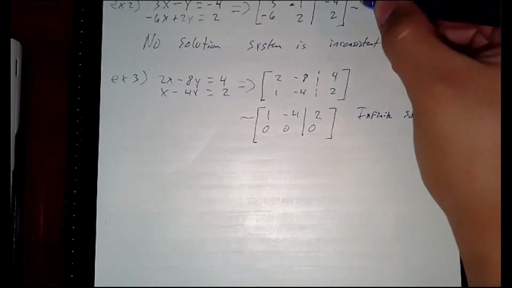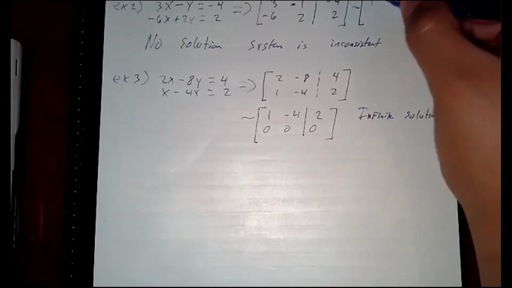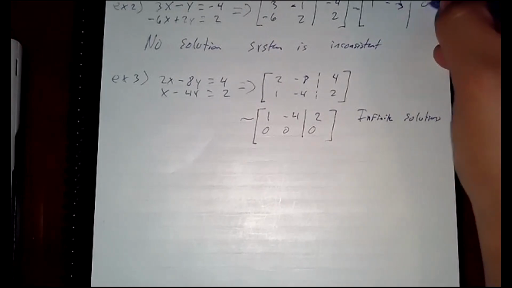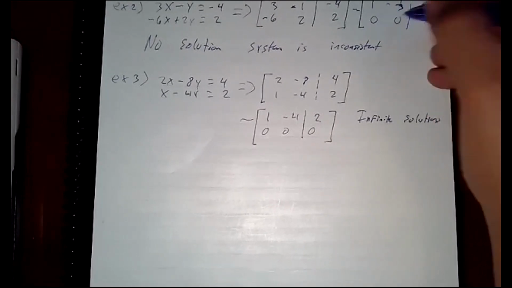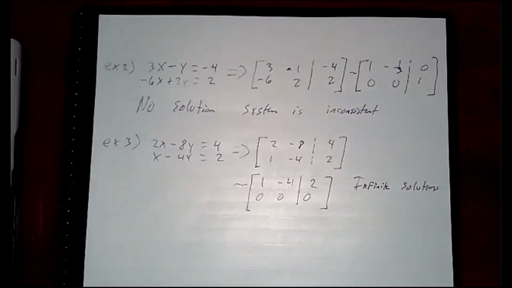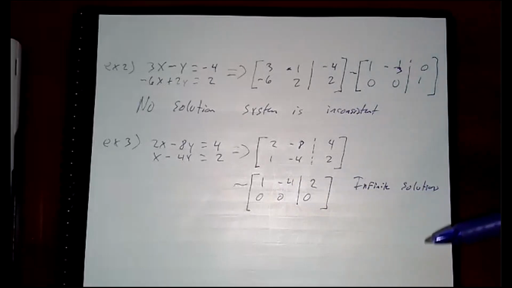Over here, I'll write what we got earlier: 1, negative third, 0, 1, 0, 0. If you get 0, 0, and then equal to a number, that's no solution.